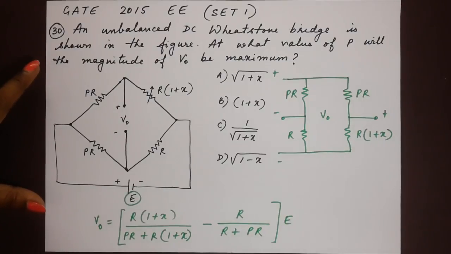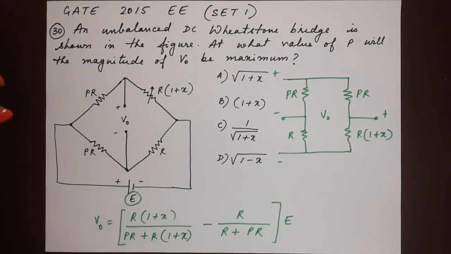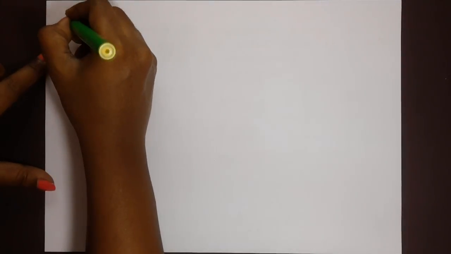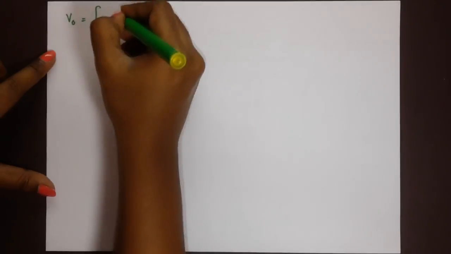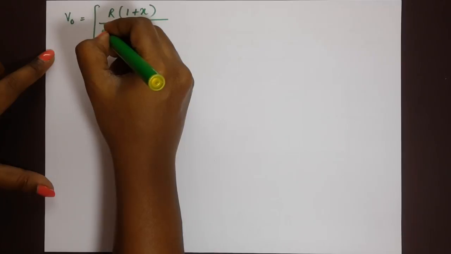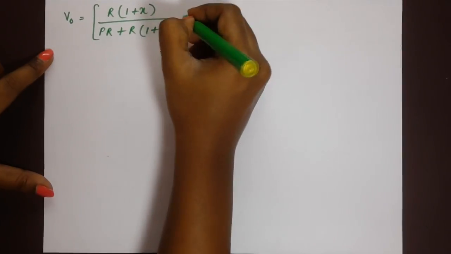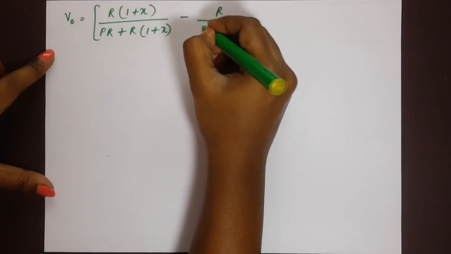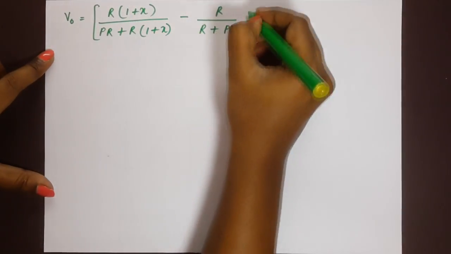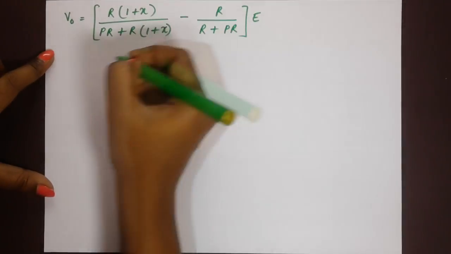Now let's open up the brackets and resolve the fractions. We'll write it in the form of one big equation for V0. V0 is equal to R into 1 plus X divided by PR plus R into 1 plus X, minus R divided by R plus PR, into E. Now let's resolve the fractions.